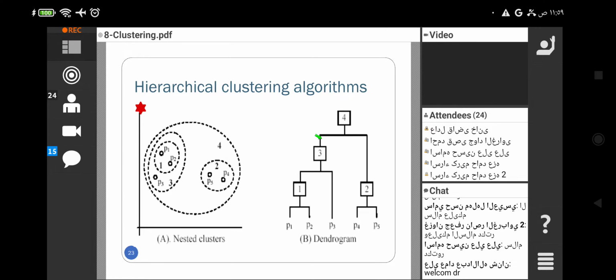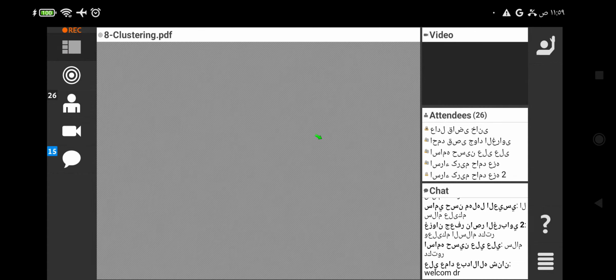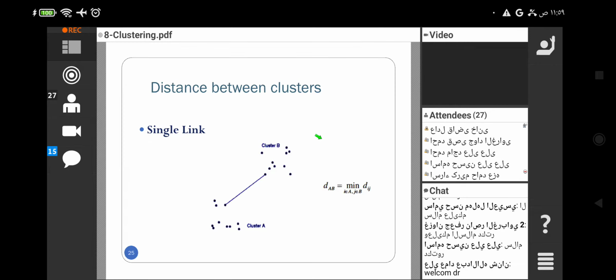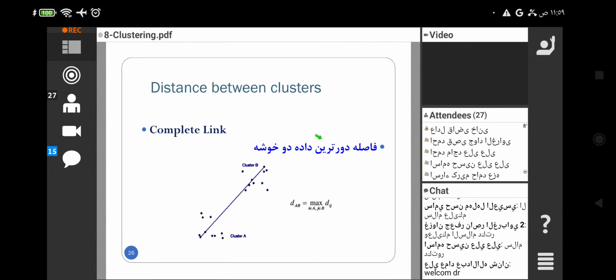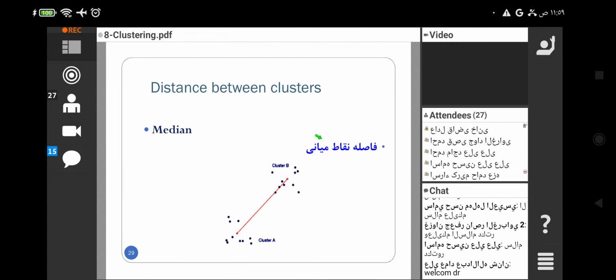Then I talked about the different methods for calculating the distance between clusters: single link, complete link, average link, group average link, median.